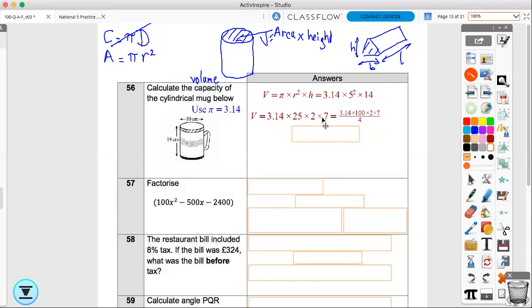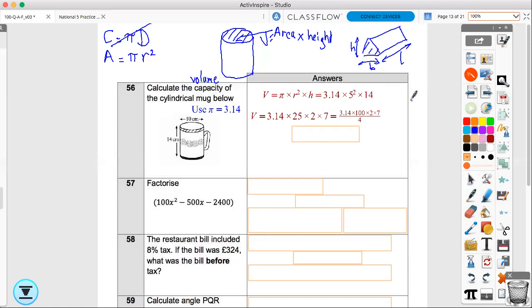If this is a non-calculator question, I don't like decimal points when I do my calculation. So I can think, oh, if I times that by 100, for example, 25 is just 100 divided by 4. Then I get 314. I can times that by 7 and then times that by 2. It's much easier to times 314 by 7.